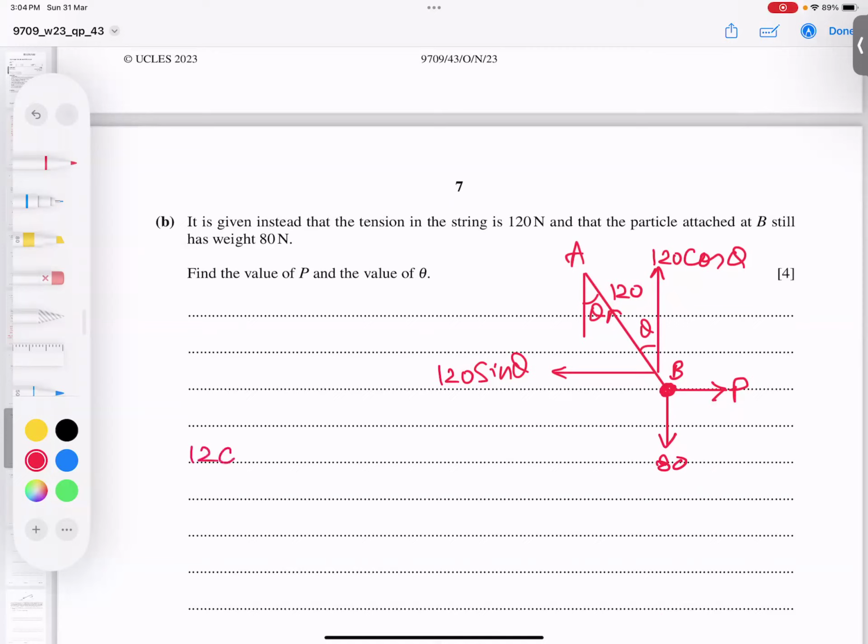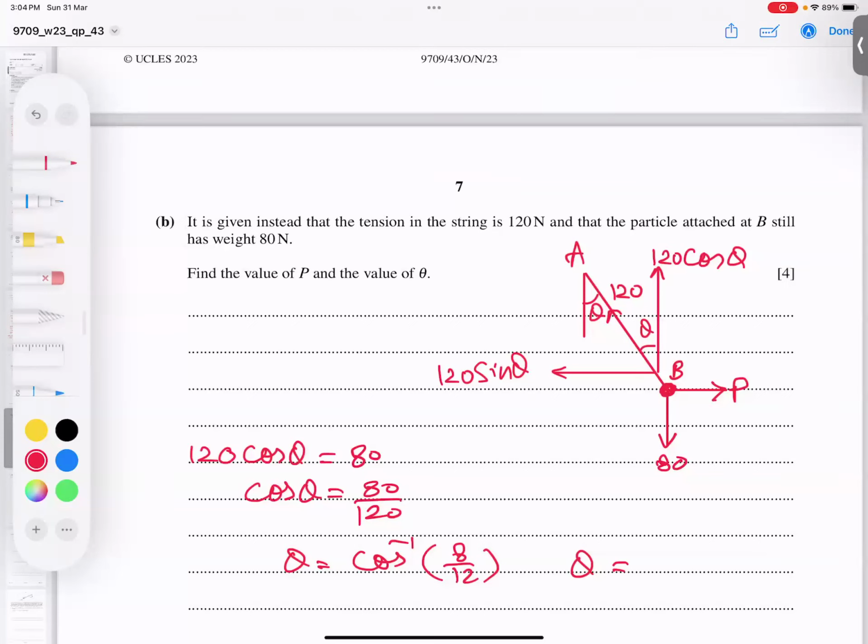So 120 cos theta equals 80. So cos theta equals 80 by 120. Theta equals cos inverse of 8 by 12. Same thing. If you type cos inverse 8 divided by 12 in the calculator, the answer is coming 48.